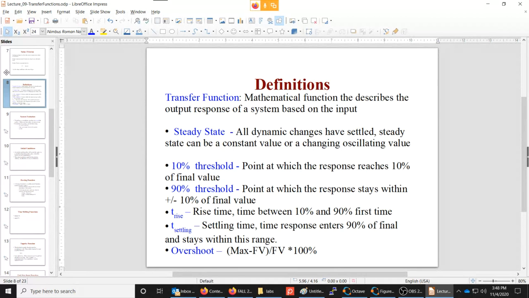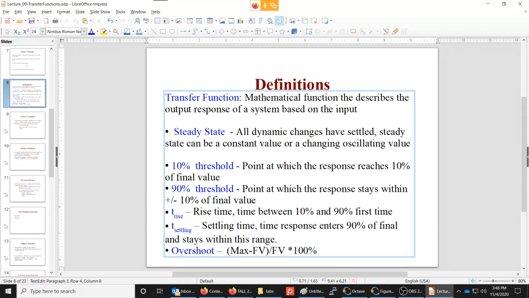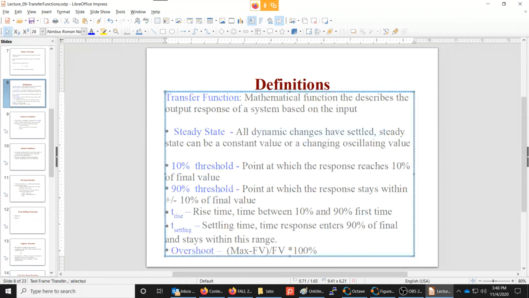When you step on that throttle, you're going to accelerate up to a point, and then at that point you're just going to stay at that speed. And that speed that you stay at, after you quit accelerating and it settles down to that terminal velocity, if you want to call it that, would be the steady state value, so that the system is no longer accelerating or decelerating.